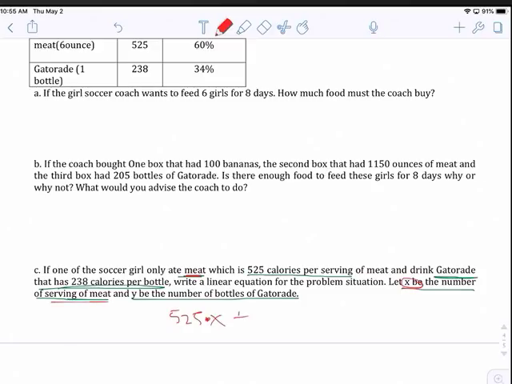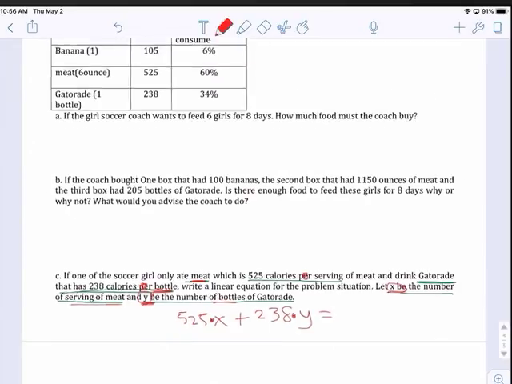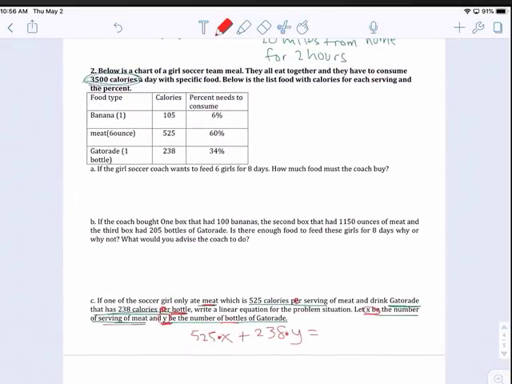X plus, what's the other one? 238 times, because of the word per, times... not B. Why not B? They say to use Y for the number of bottles. So instead of B, you use Y. Equals, how many calories total did they say it had? 3,500.